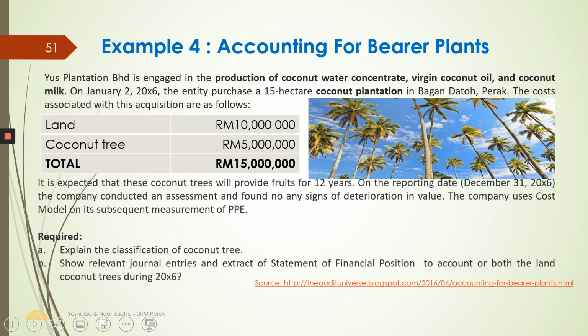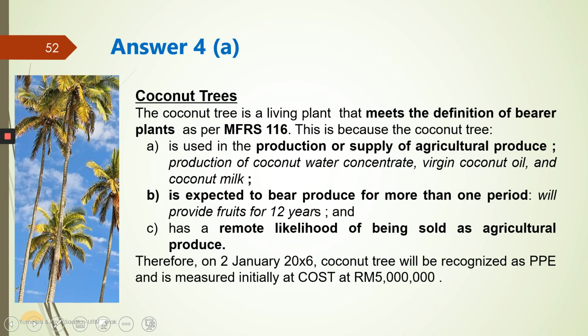Next. So this one is for you to read yourself and go through regarding accounting for bearer plants. I have already prepared for you this coconut plantation in Bagan Datuk, Perak, and has something to do with land and the coconut tree. Please feel free to go through and read and understand this example yourself and see why coconut tree cannot be accounted for under MFRS 141 and is accounted for under MFRS 116.